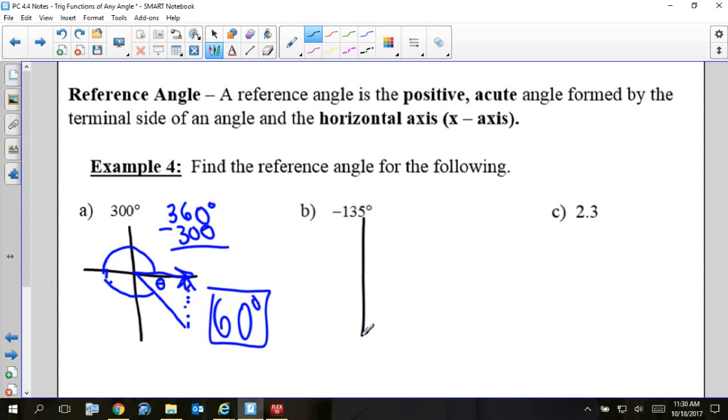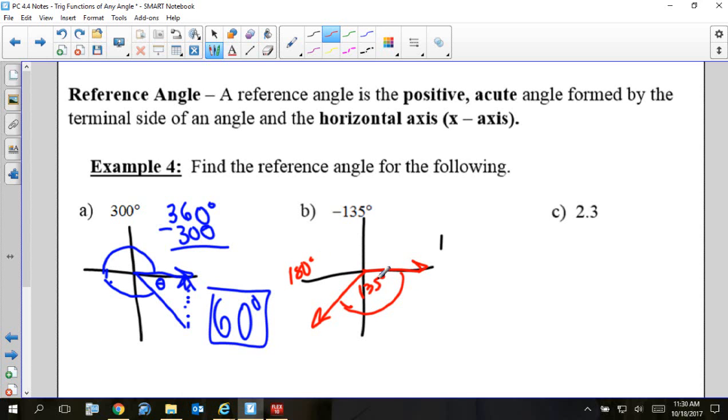Next one, negative 135. We draw it. We start at our initial side. This says negative. What does that mean? Other way. Do I go all the way to this line? No. Because all the way to that line is how much? 180? I'm only going 135.